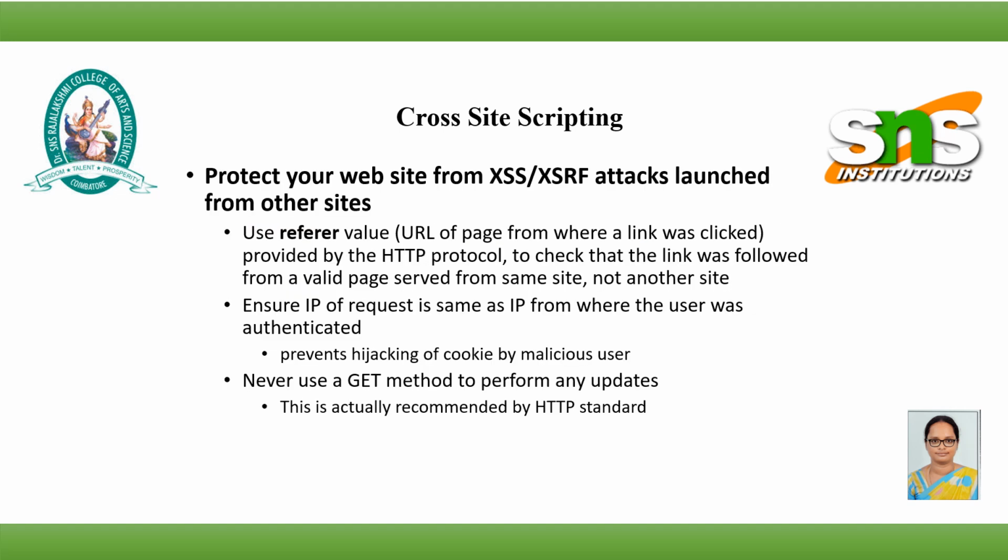Protect your website from XSS and XSRF attacks launched from other sites by using the referer value of the URL provided by the HTTP protocol. It checks that the link was followed from a valid page, namely one from the same site, not another site. Ensure the IP of the request is the same as the IP from where the user was authenticated. Never use a GET method to perform any updates.